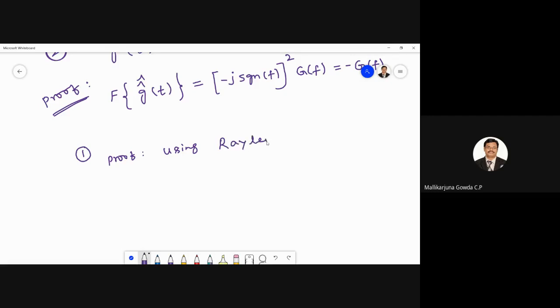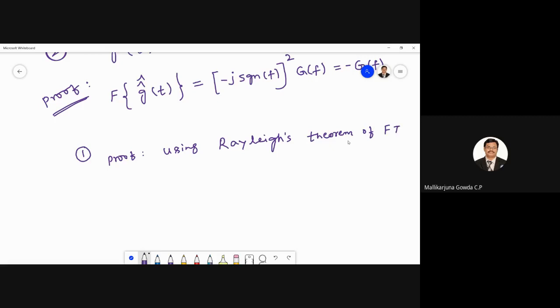Yes? Somebody can say yes or no. They are all very basic, important things which you are all supposed to understand for understanding the energy of a signal. We use Rayleigh's theorem of the Fourier transform.